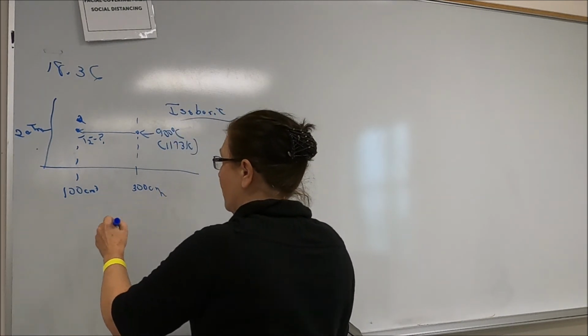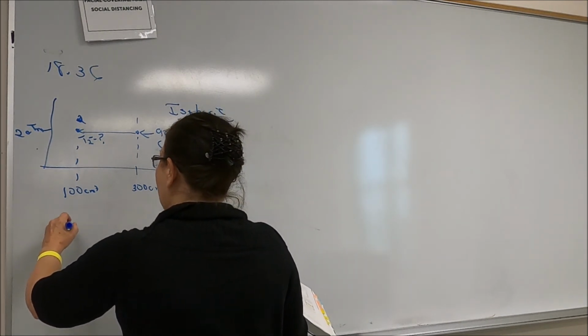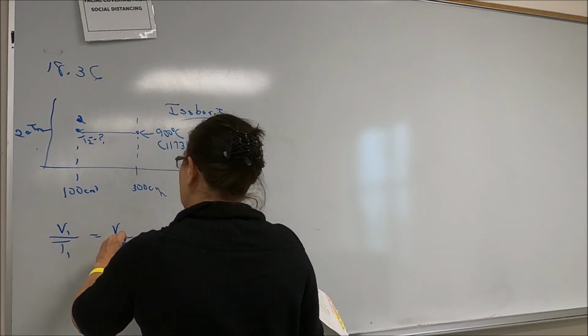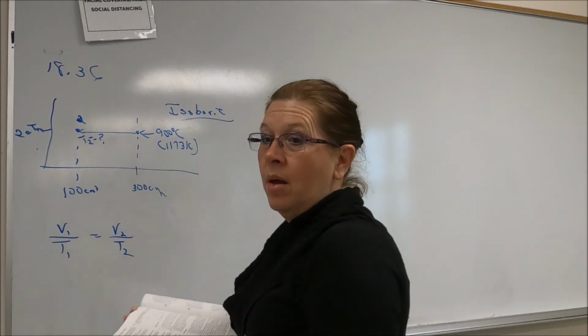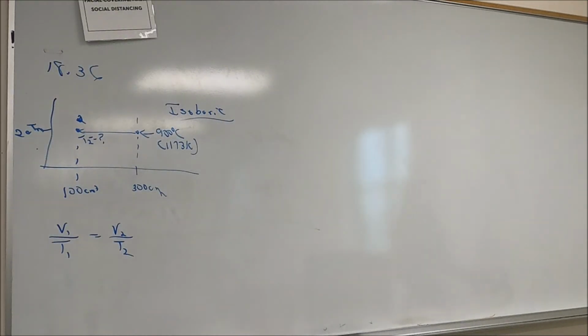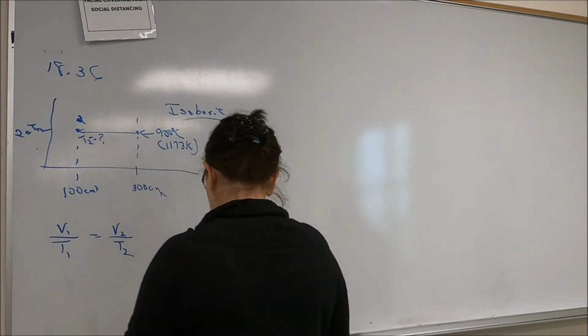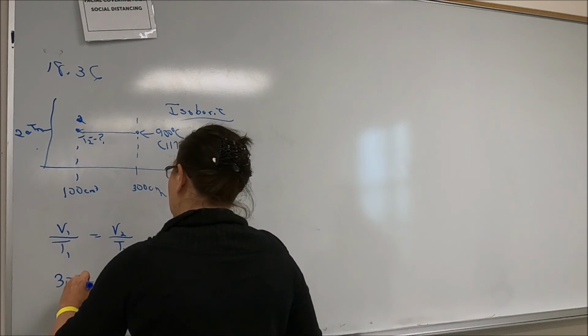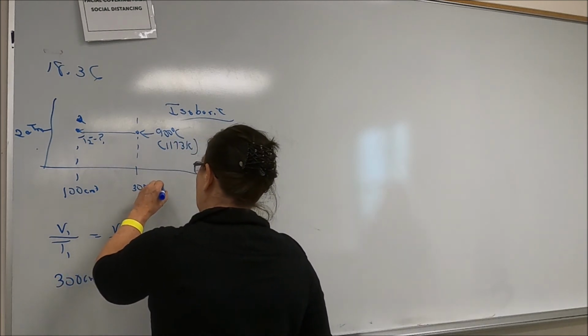Now, I can say that V1 over T1 has to equal V2 over T2. Because we are doing ratios, I don't have to worry about the units. So V1 here is 300 centimeters cubed.